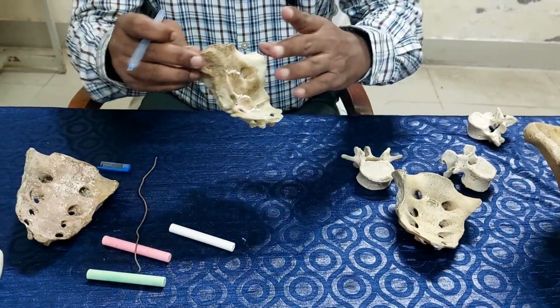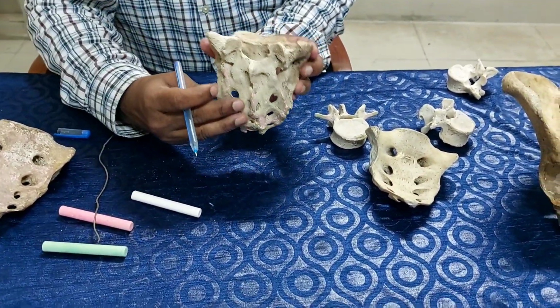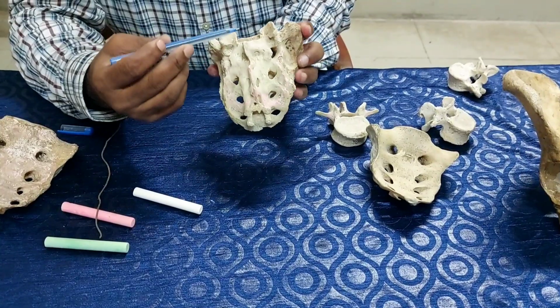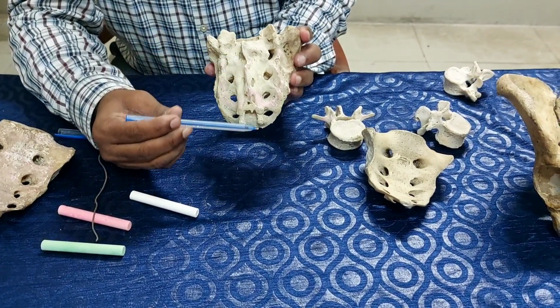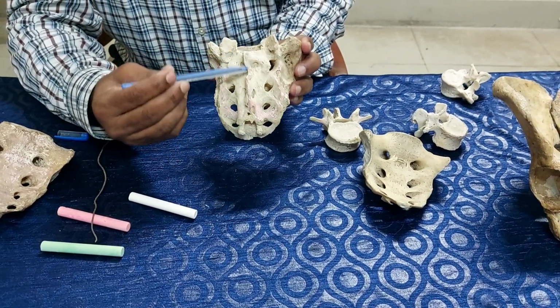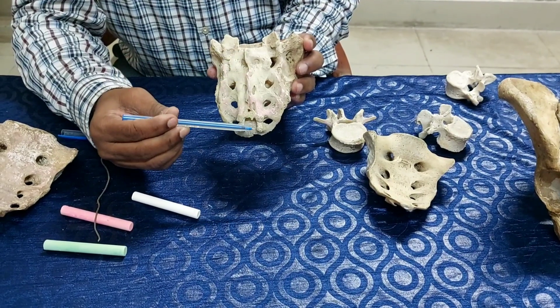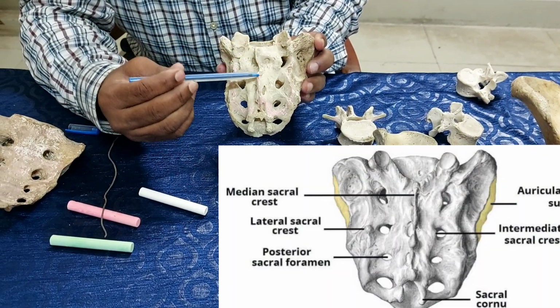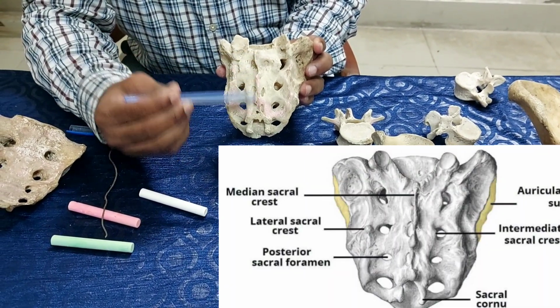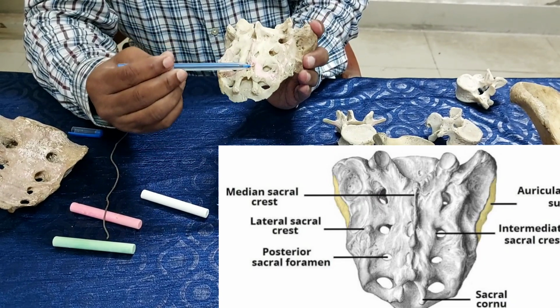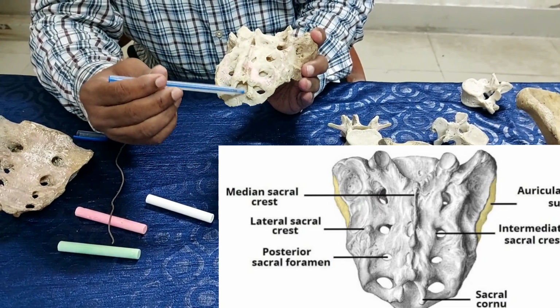If I come to the posterior side, you see in the midline, there is a crest. This crest is due to the fusion of the spines of all the 5 sacral vertebra, excepting the lower one.